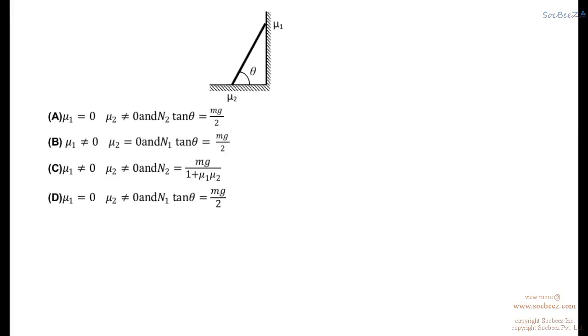Well, if we draw the free body diagram here, the free body diagram will look something like this.